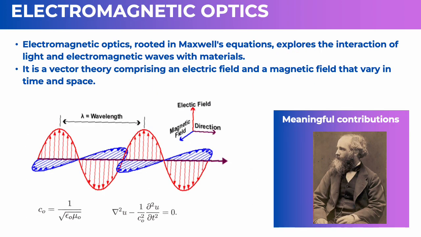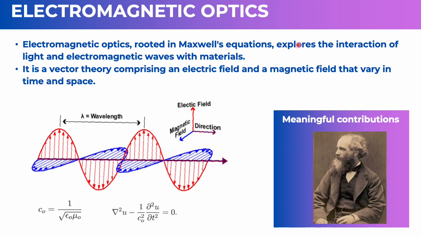Electromagnetic optics is rooted in Maxwell's equations, and it explores the interaction of light and electromagnetic waves with materials. Maxwell was the most important contributor because he proposed a set of four equations. The equations show that when electric fields change, they create magnetic fields, and when magnetic fields change, they create electric fields.